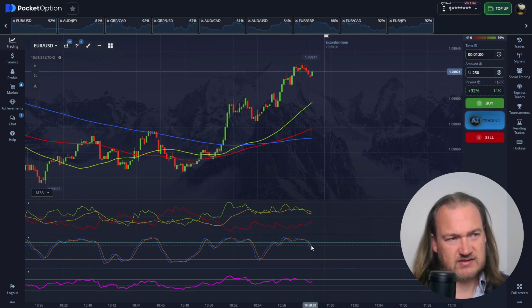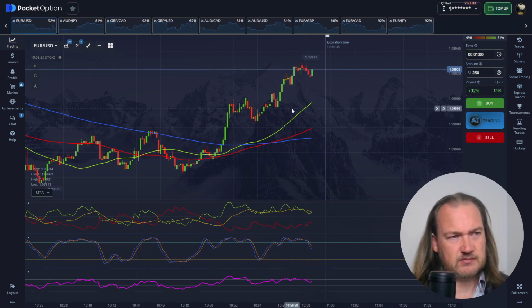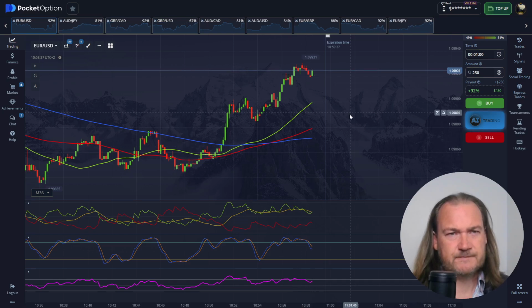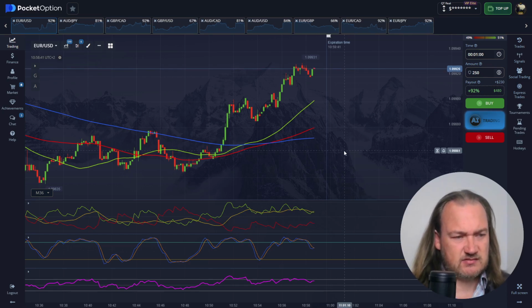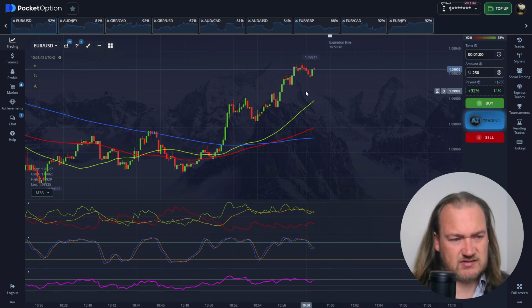Also, if my stochastic comes down all the way and pushes up, that would be kind of like hidden bullish divergence. But we'll see. Doesn't look like it's going to happen though. We keep pushing.